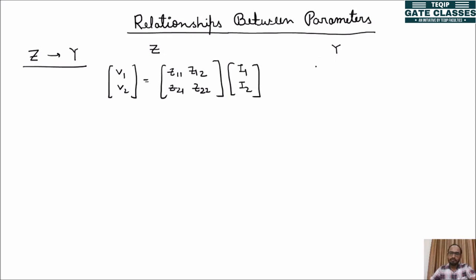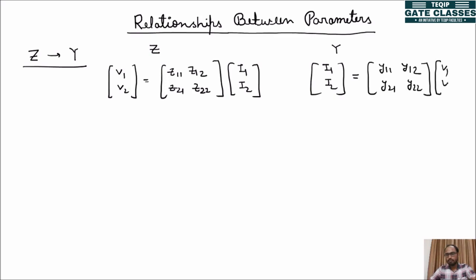And for Y parameter you can write [I1 I2] is equal to [y11 y12; y21 y22] [v1 v2]. Now you can see with just a minor modification you can get the relationship between z and y parameter. How? Let us see.